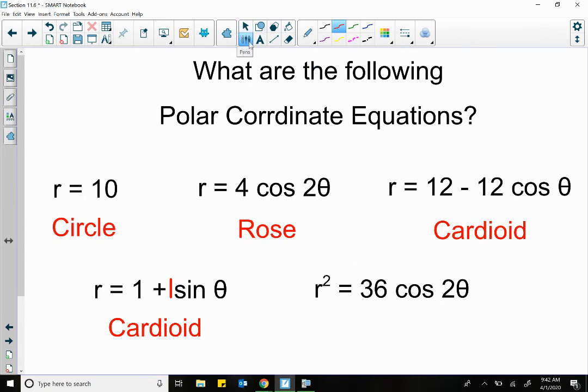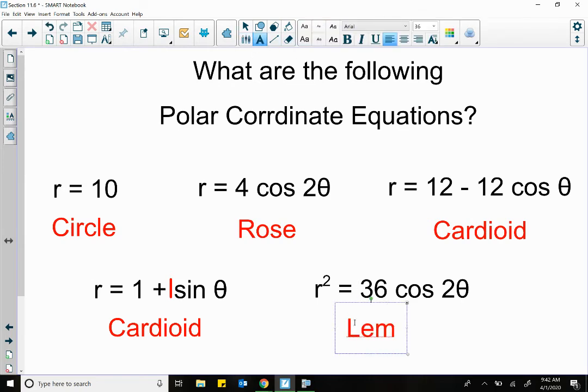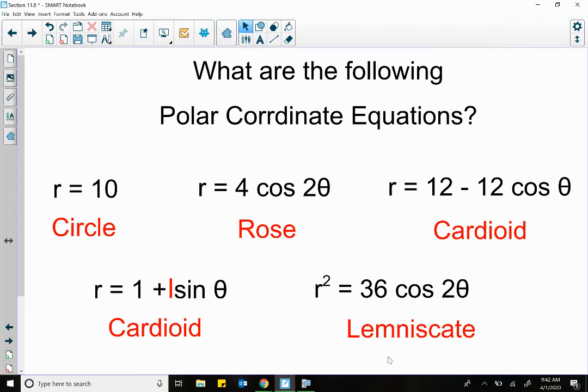All right, and the last one, hopefully you recognize this as the lemniscate. So if we type that in, this one is the lemniscate. So there we go. Again, in your assignment, that's all they want you to do.